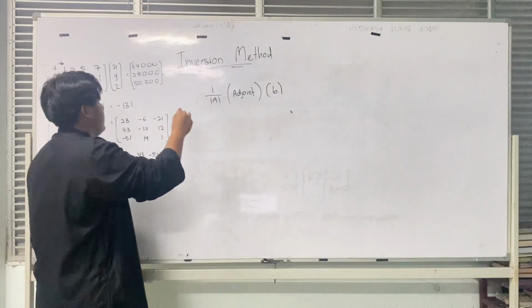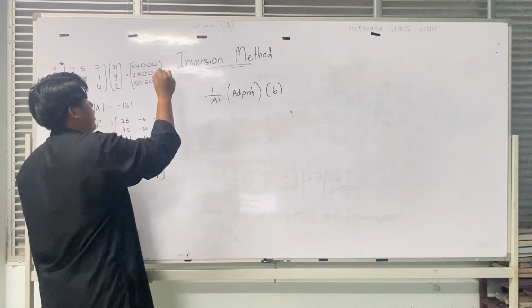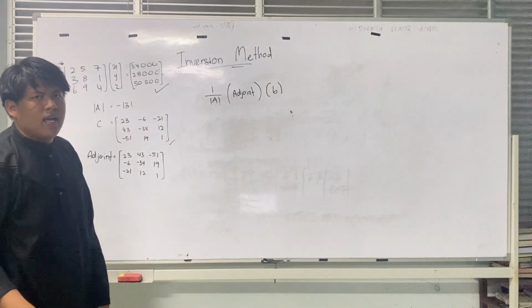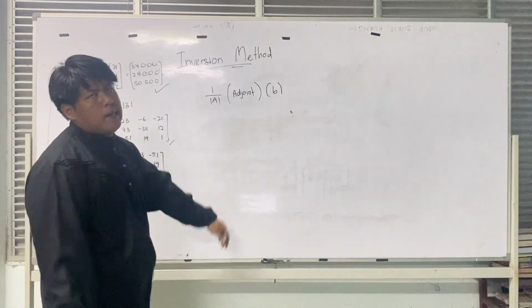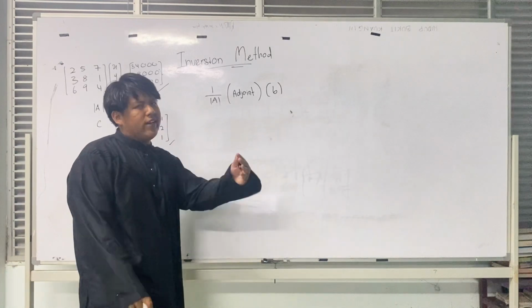B is the money that we give to each factory.